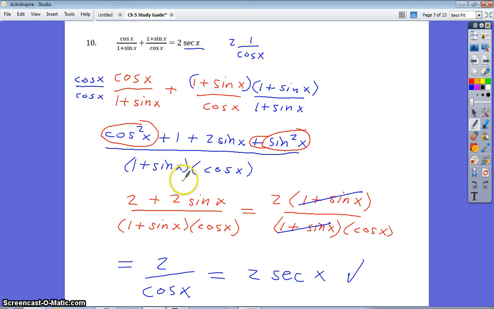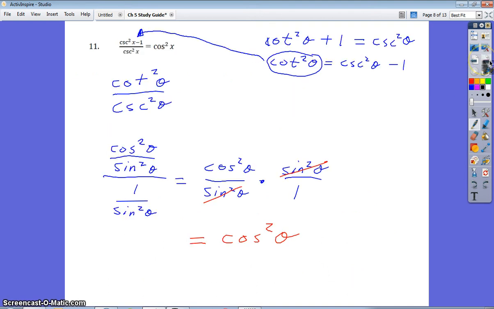And by keeping these factored, by not distributing, I have the cosine down below, which is what I want. So cosine squared plus sine squared in the numerator gives us a 1, and then 1 plus 1 is 2. Then we factor out a 2 from the numerator, and we can cross some things off, and that proves it for us.